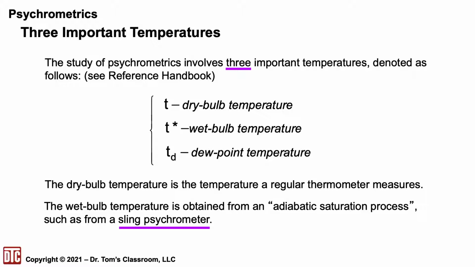We're going to let all the cooling happen because of evaporation and evaporation only. The air and the water cool as some of the water evaporates into the air. That process stops when the air is completely saturated, and the temperature at which it stops is known as the wet bulb temperature. We can get that from a device called a sling psychrometer, and there are electronic devices that can do it too.